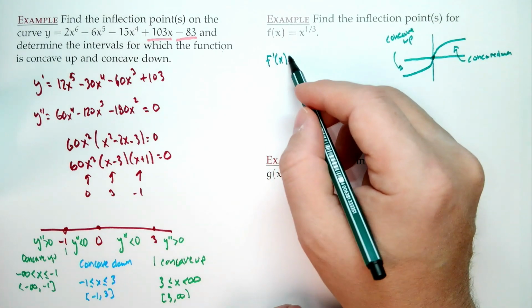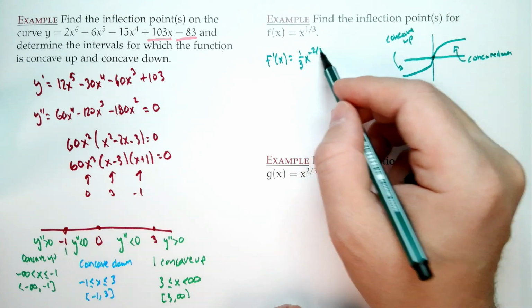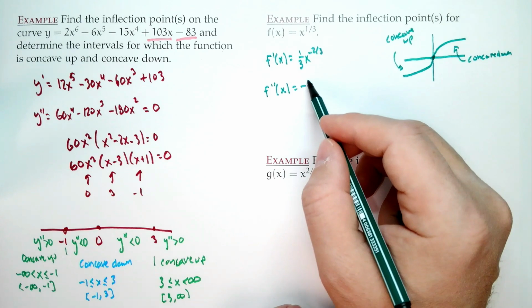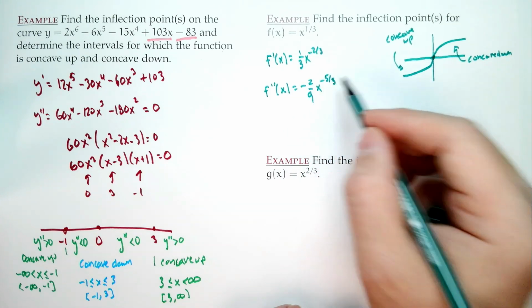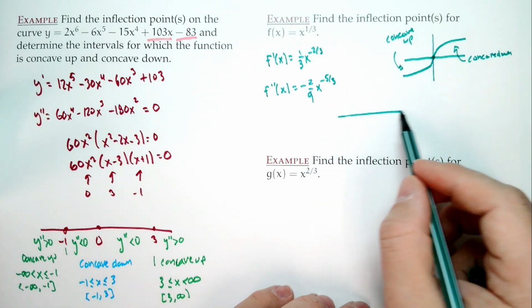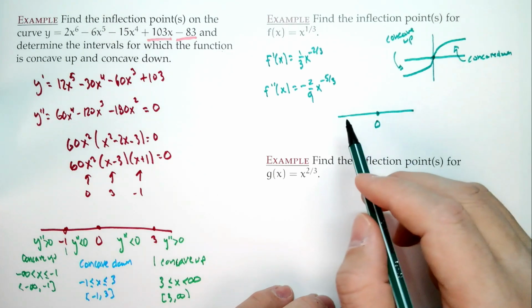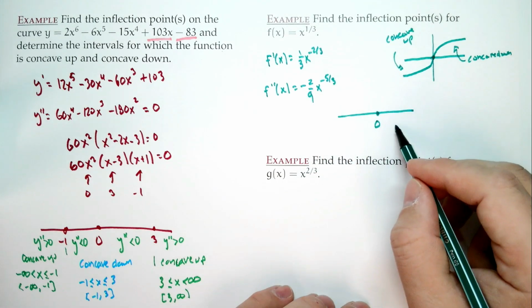Well, f prime of x would be 1/3 x to the negative 2/3, and f double prime of x would be negative 2/9 x to the negative 5/3. Well, it's undefined at 0, so that's a potential point. So mark 0, and if you plug it in, if I plug in a positive number, I'll end up with a negative.